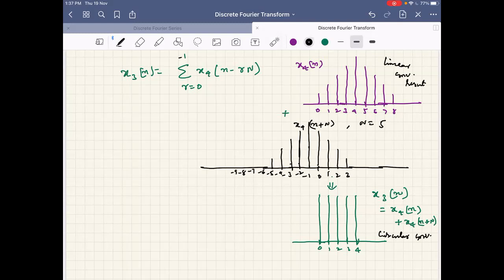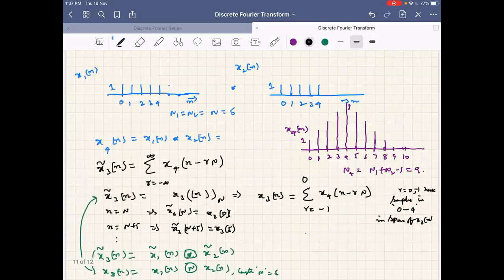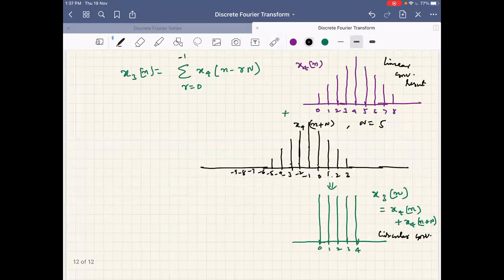Now let us take the sequences and see, if we do circular convolution, what do we get. Is this correct? For doing that, let us bring it in here itself. So x3 of n.